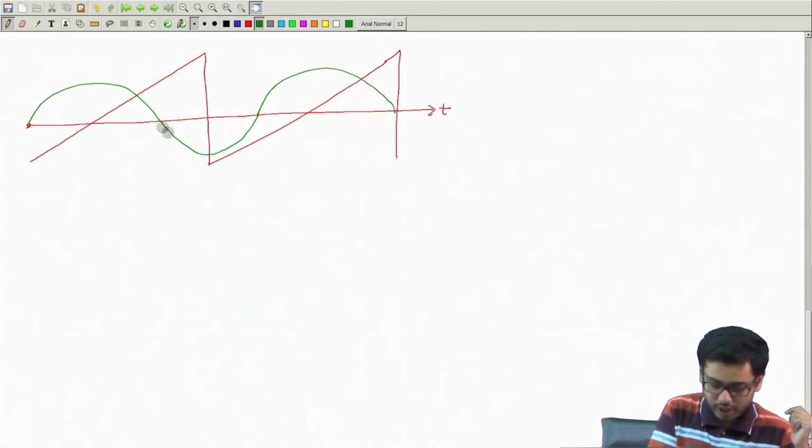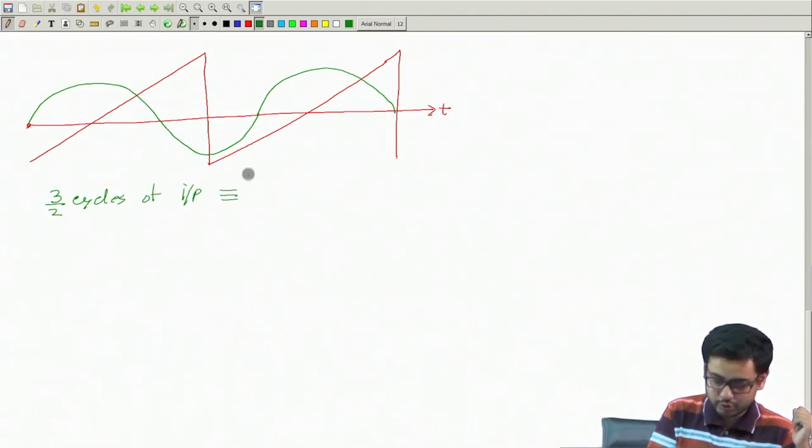So we have 1, 2, 3 half cycles. So we have 3 half cycles. See, 3 half cycles means 3.5 cycles of input is equivalent to 2 cycles.